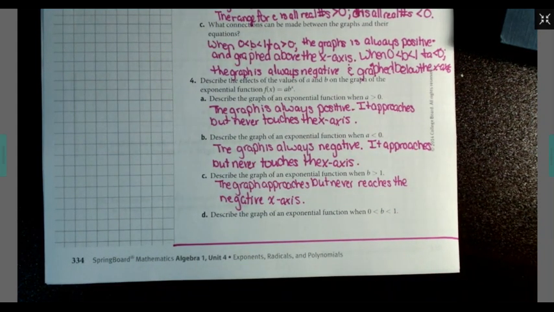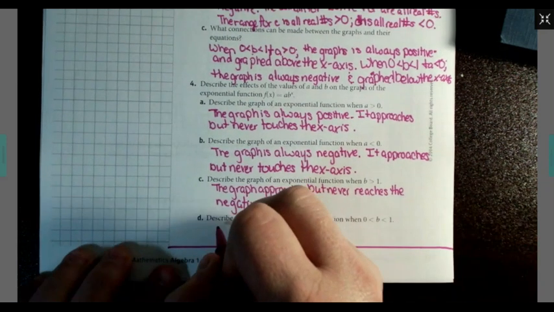Describe the graph of an exponential function when 0 is less than b is less than 1. The graph approaches but does not reach the positive x-axis.